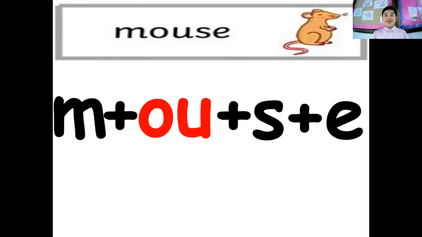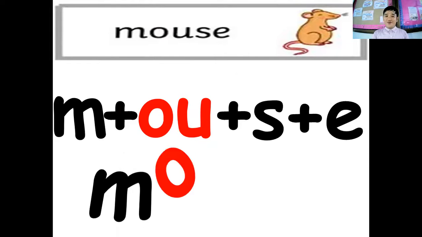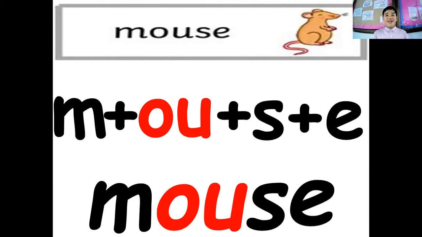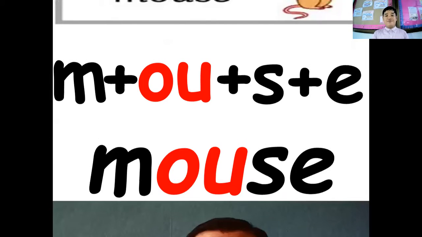The S and E can be s. So therefore, if we read the word, it could be mouse. Everybody say mouse. Good job.